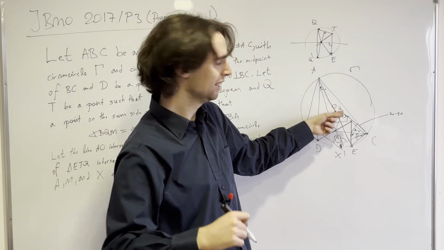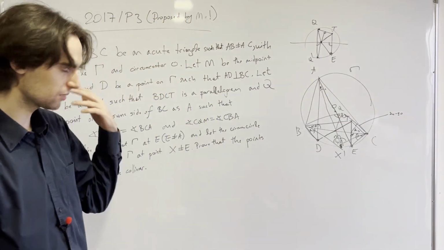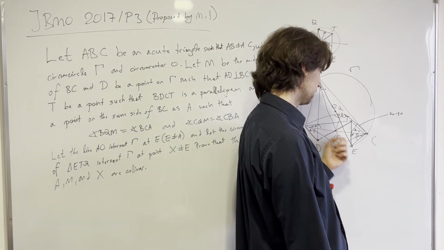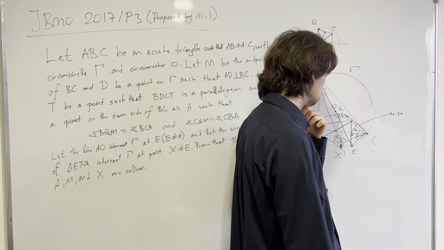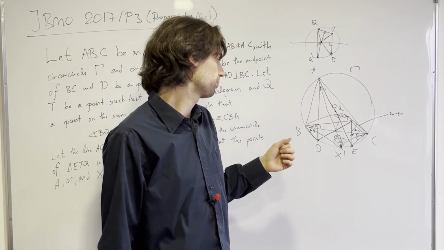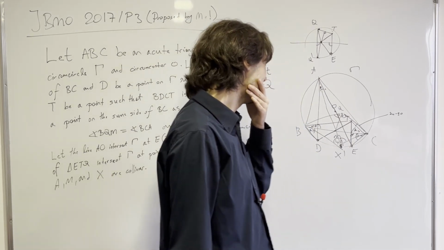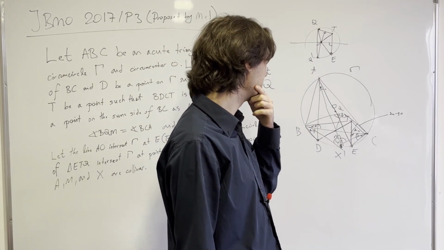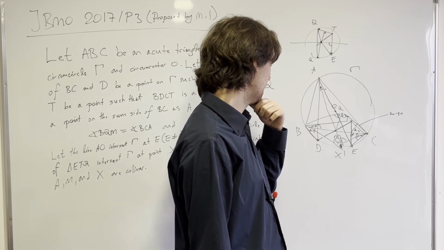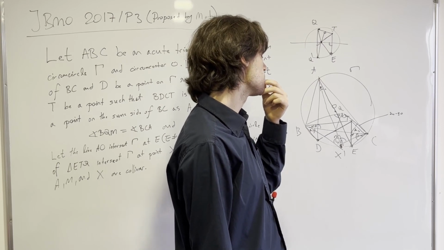Because if we can, then we've proved that X prime is in fact X. That is one way of going about it. How can we actually prove this? We don't really have the angles, and I think without using any trigonometry, it's a bit of a difficult job to prove this.